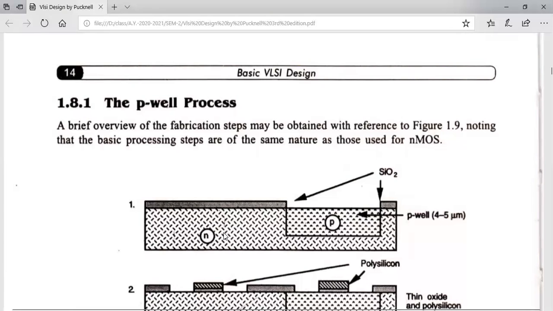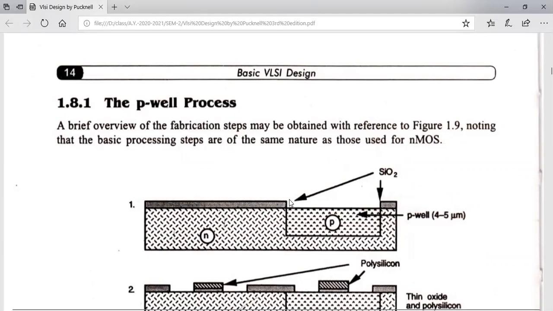Over this N-type, first I am going for the formation of silicon dioxide. Subjecting this total thing to the oxidation process, I have formed the silicon dioxide. Over that, I have formed the photoresist, and with the help of UV light and a mask, I have formed a window in the SiO2.